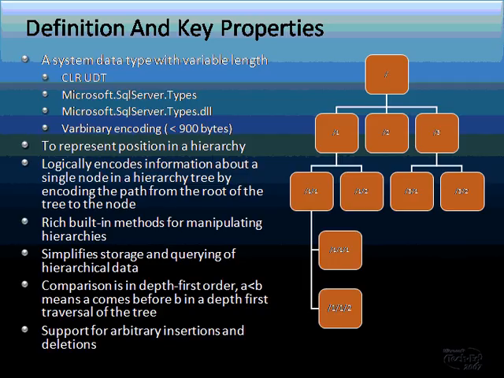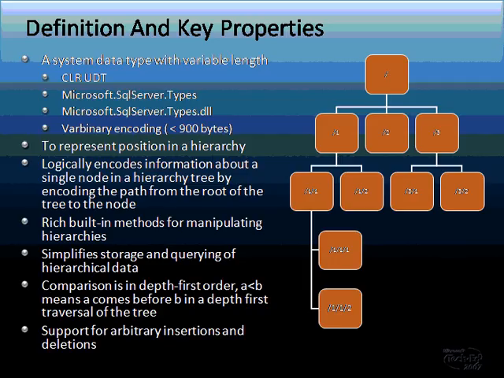As you can see on the right side, the hierarchical tree is the most common form for storing and operating on hierarchical data. It's a tree hierarchy, and the value of the HierarchyID is used to store the hierarchical path information of each node in the tree.